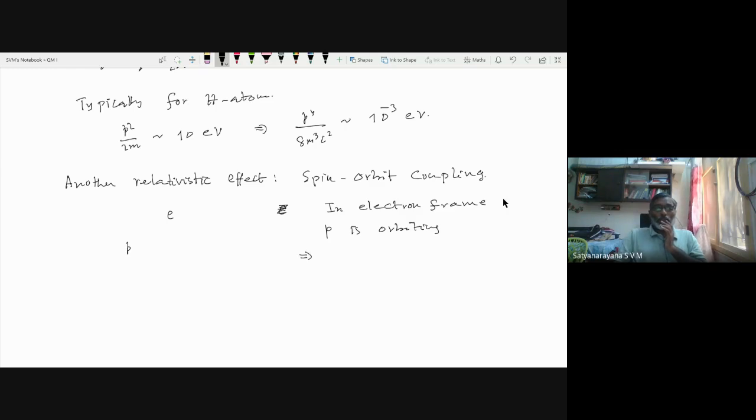That implies it is like a magnetic dipole, and it produces a magnetic field.